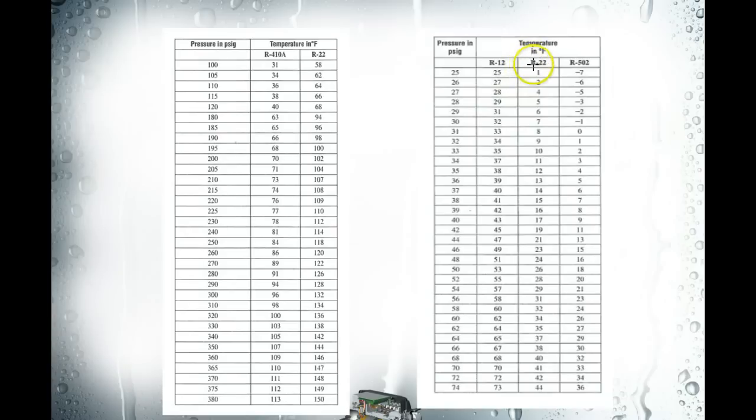So here's our R22 pressure temperature chart. We are at 69 psig, which is right about here, which brings us right between the 40 and 41 degree mark on the pressure temperature chart. So that's how we know that it's 40 degrees.